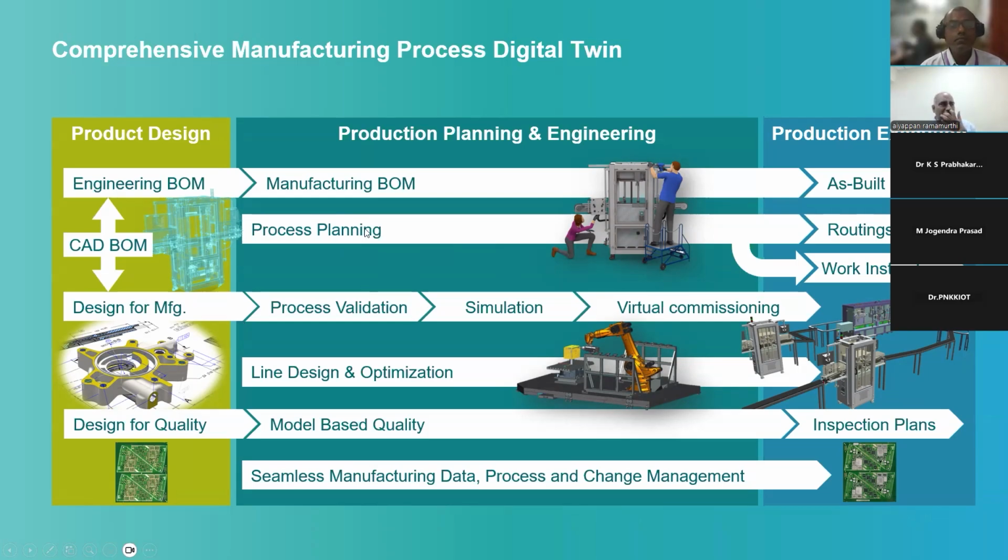So if I'm going to say that this is the sequence, whether in reality I'm able to perform this. Is the current fixture that I have able to be adapted for the new product or new change which is coming, for the change in the casting design? So I can validate it digitally. I can also commission it. We saw the virtual commissioning.